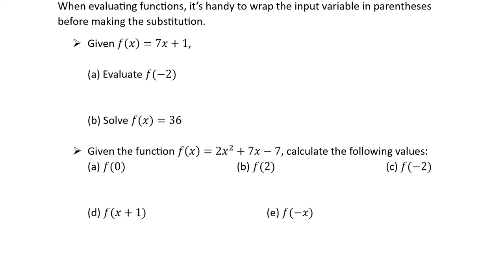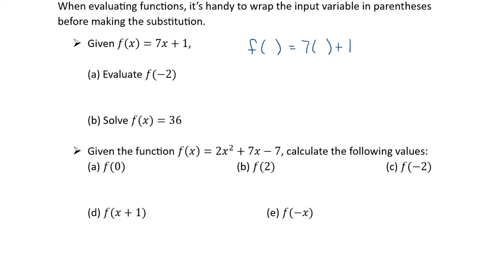For example, given f of x equals 7x plus 1, some people would write f of parentheses equals 7 times parentheses plus 1. It reinforces that this rule, which is what a function is, says 7 times the input plus 1.